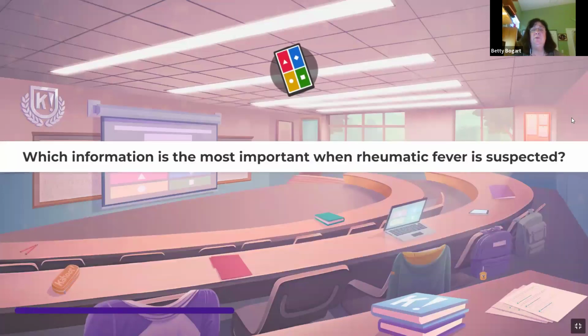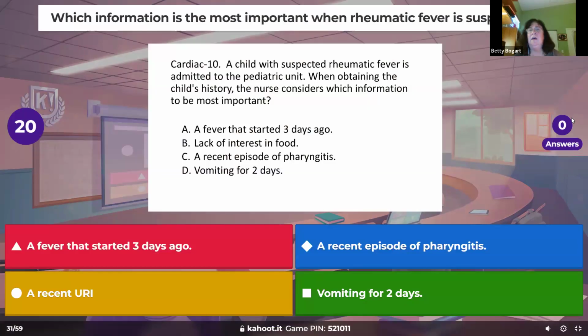Which information is most important when rheumatic fever is suspected? So the kid comes in having all these symptoms, the swollen joints, the rash, the chorea. What would you want to know? What can tell you, I know what's happening here?